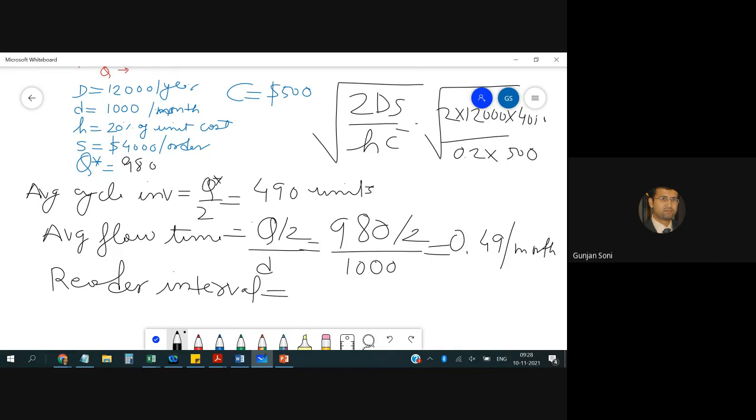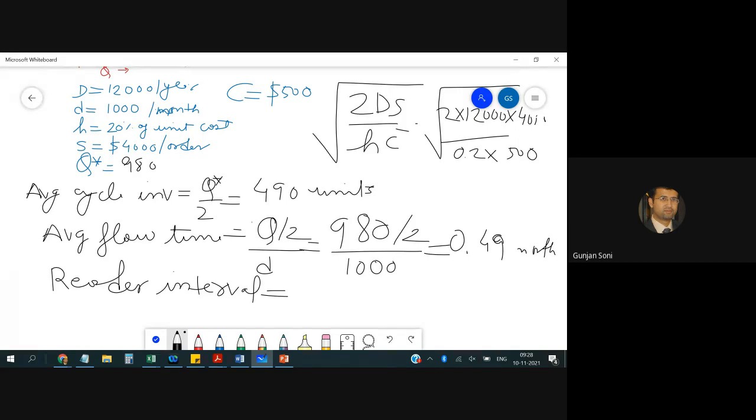What is the time difference between the two orders? Yes.